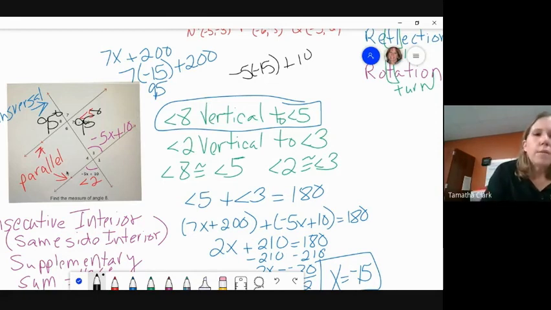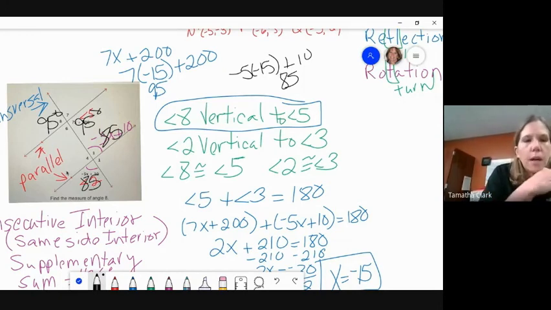So 85. And we can also go around, and angle 2 again is going to be 85. If you added 95 and 85 together, you would get 180.